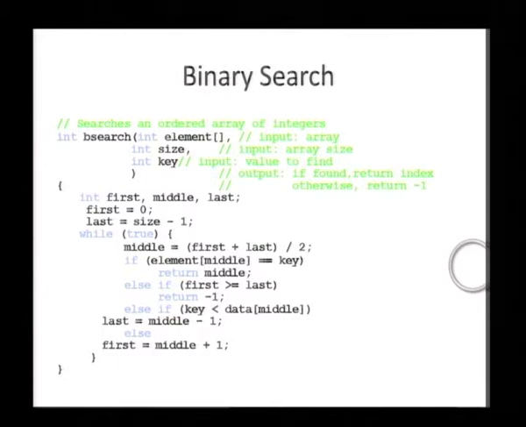First is taken to be the value 0 and last is taken to be the value size -1. And you can check the integer division, where middle takes the value of first plus last divided by 2, and whatever comparisons we have discussed so far are made. The value of this particular piece of code is that it gives us an idea as to the number of operations that are performed in a run of this particular algorithm.